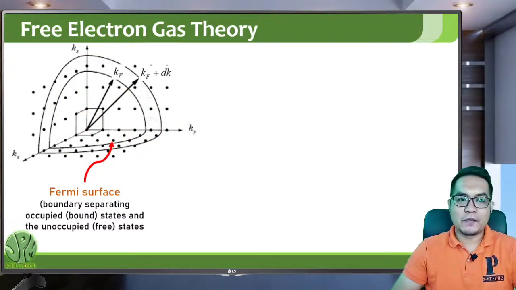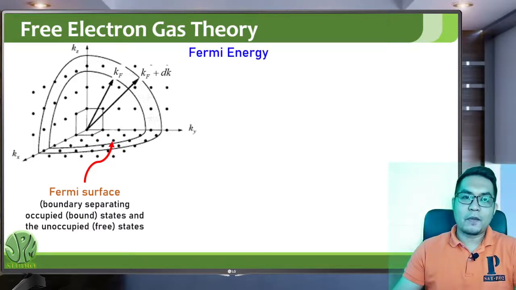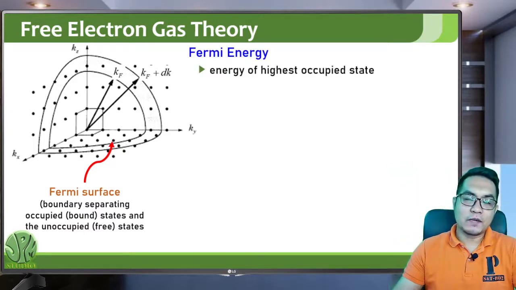So the Fermi surface is the boundary separating the occupied states and the unoccupied states. The occupied states are the bound states, the unoccupied states are the free states. And the Fermi energy is just the energy of the highest occupied state.